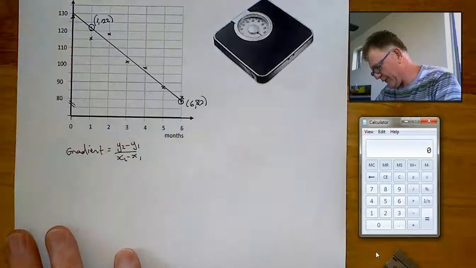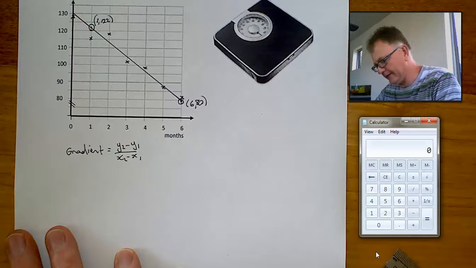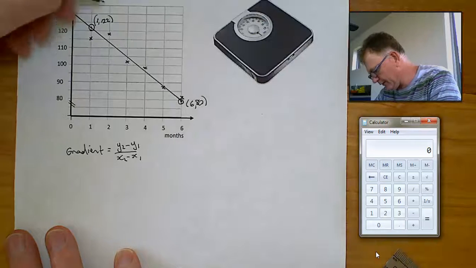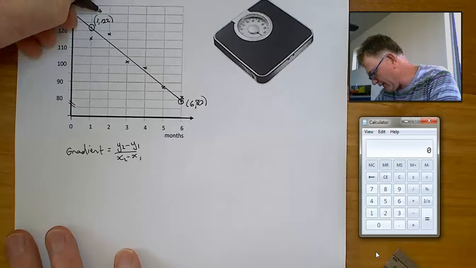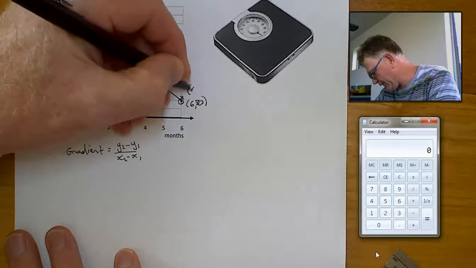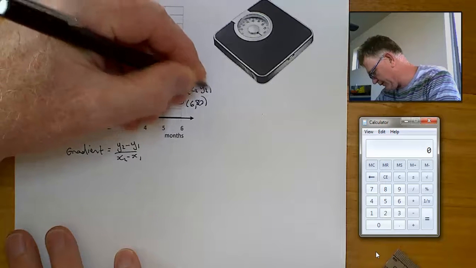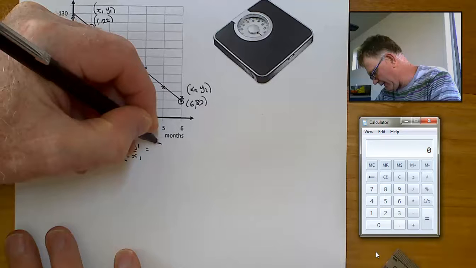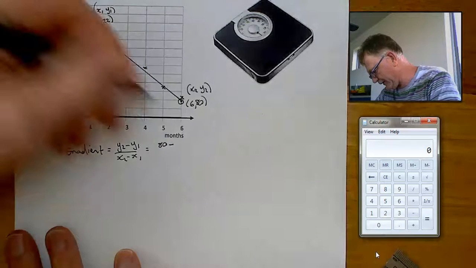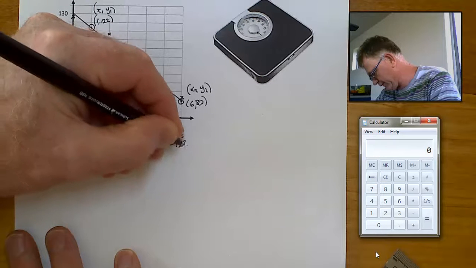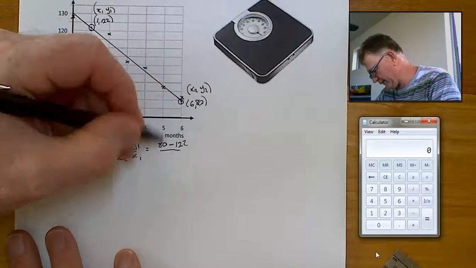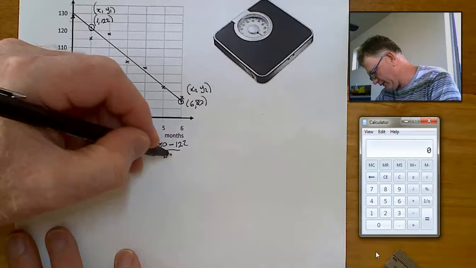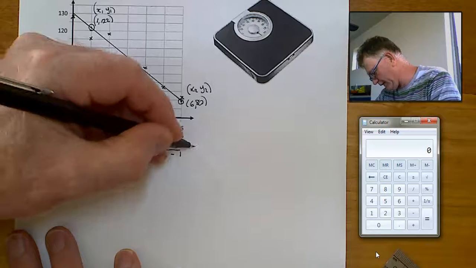The difference in the y's divided by the difference in the x's. Now if this is my point x1, y1, and this can be my point x2, y2, then y2 minus y1 is equal to 80 minus 122 over x2 6 minus x1 1.